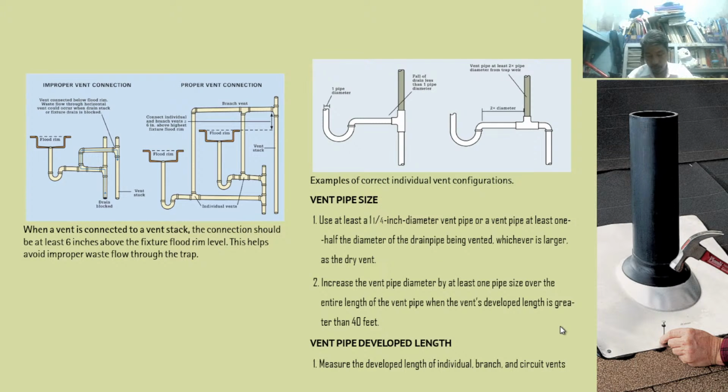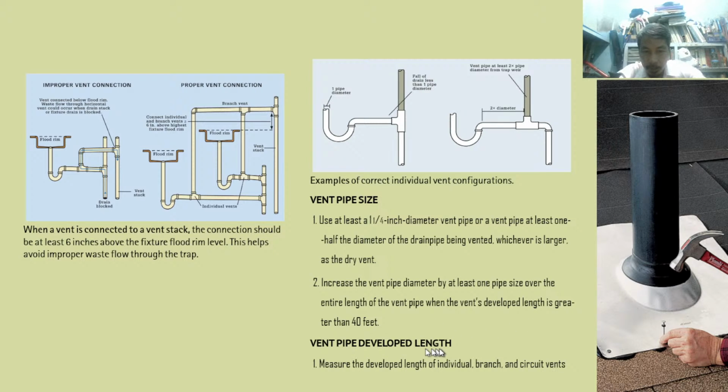For example, you are already using 3 inch diameter pipe and the length of the pipe would be more than 40 feet. So use 4 inches rather than 3 inches, because the next diameter is 4.